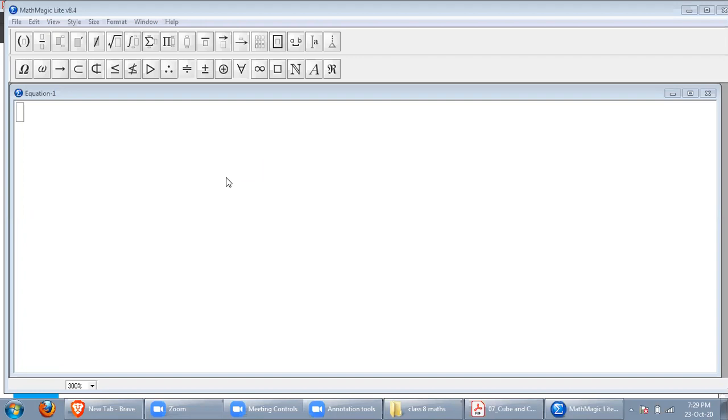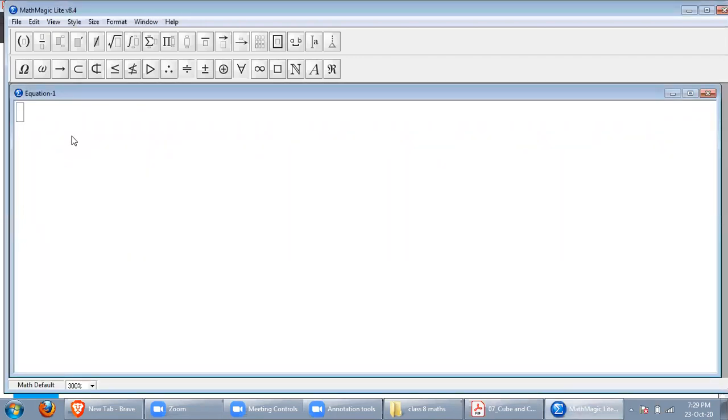So algebraically, we can express an even number as 2n, where n is any natural number. Okay, and an odd number can be expressed as 2n plus 1.